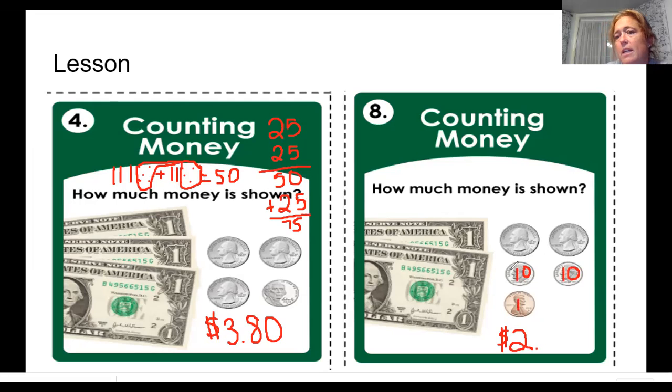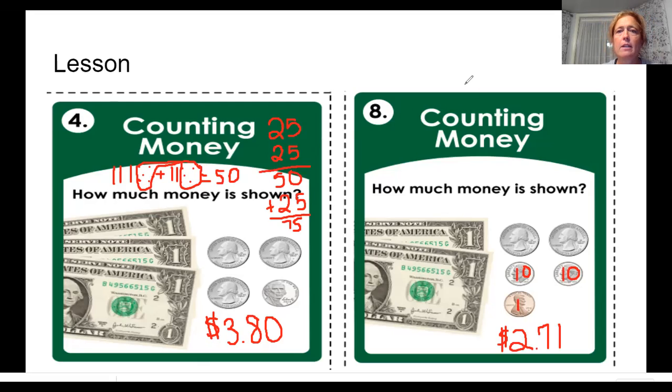So 50, counting by tens, 60, 70, and then add 1, 71. $2.71. Do not forget these money symbols so that the reader understands what that number means, okay?